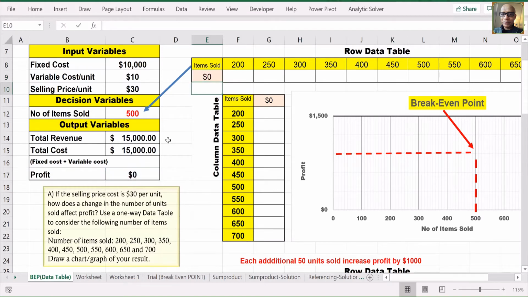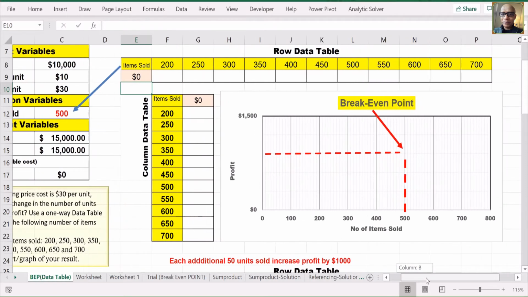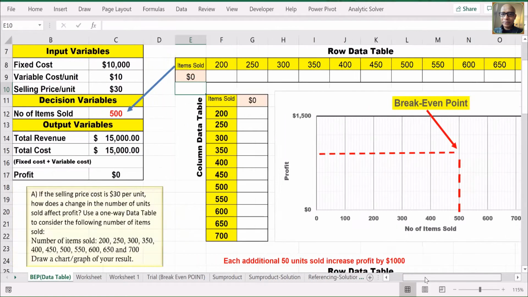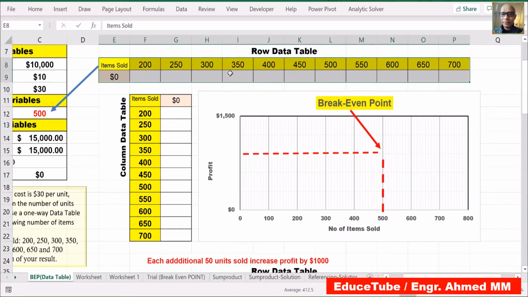So press enter. So you got this. Now I have to select this full area, full item. I selected.